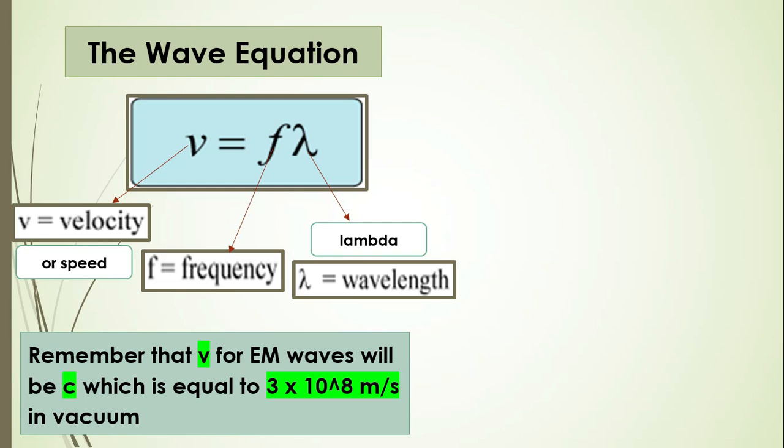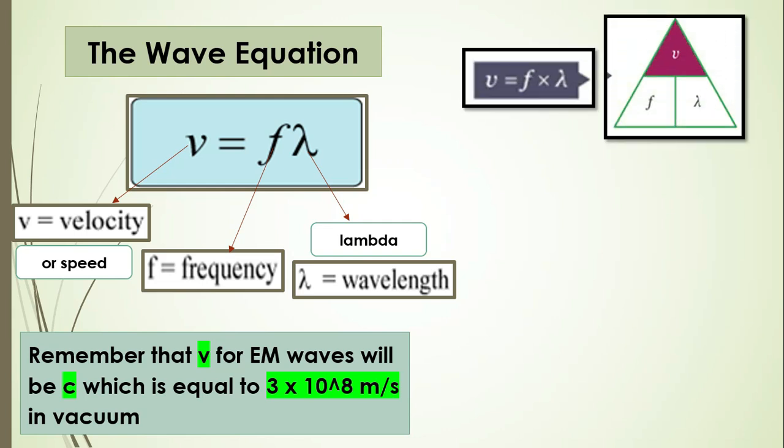Wave equation has 3 formulas or equations. If you find it hard to memorize these equations, I'll give you the triangle method in order for you to solve what is asked in the problem. So how to use the triangle method?